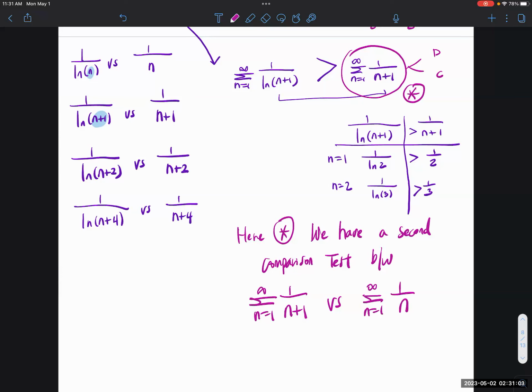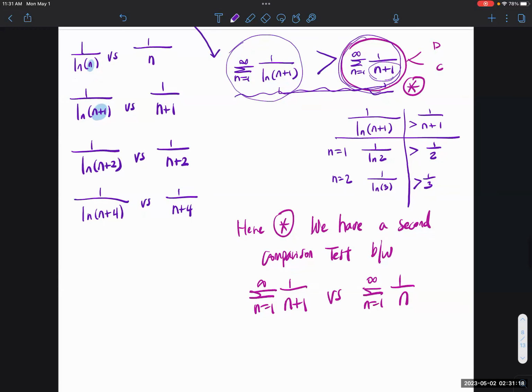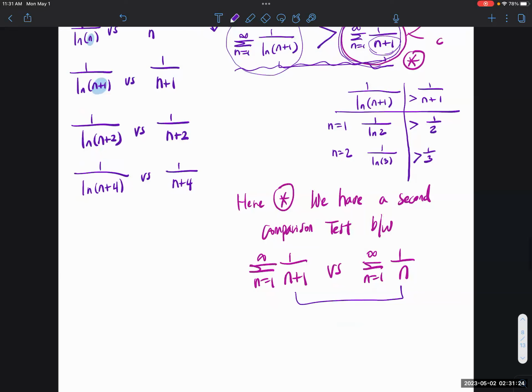So you see that? We are trying to prove this relationship. But first, to find out whether this is a divergence or a convergence, you need to define what that is first. This one's still complicated. So I have a second comparison test. I'm going to compare this one, 1 over n plus 1 and 1 over n, right?